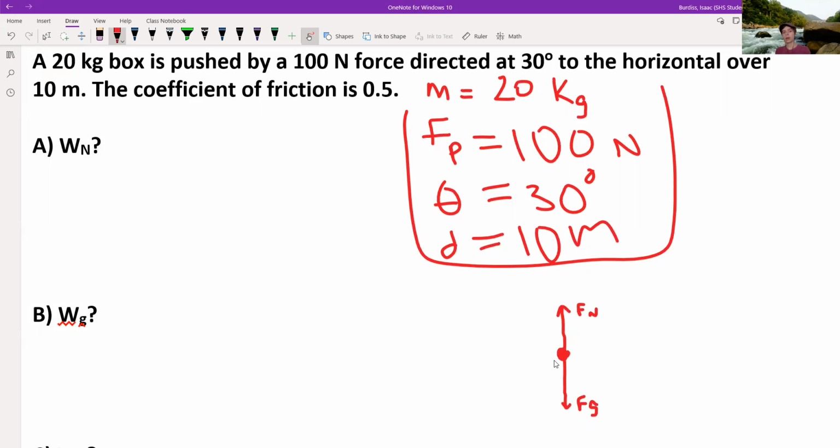There is friction force to the left. Well, it doesn't say that it's applied to the right, but we can just assume that in this case. And then there's also an applied force, but it's 30 degrees above the horizontal. So the angle is 30 degrees.